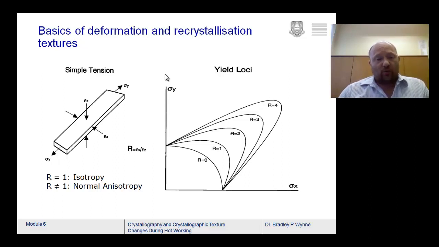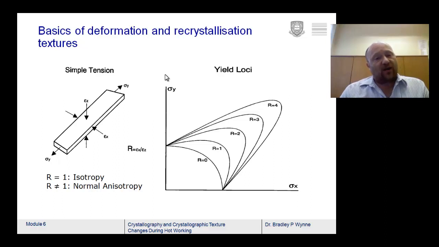Now a really important point is, if we wanted to have a high strain to failure, what we would want is the material not thinning very quickly. If it thins very quickly, then the cross-sectional area reduces rapidly. So we need to have a very high R value to get a very high elongation to failure. If I had a random set of grains, R would be equal to 1.